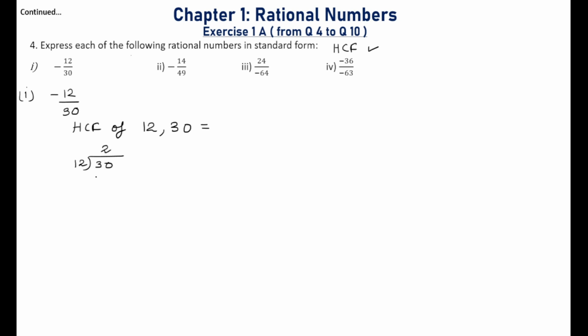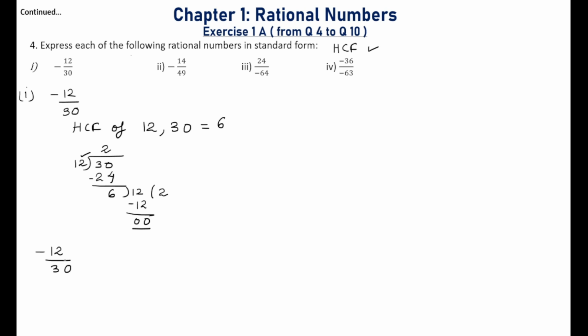So 2 times I get here 24 and it gives me a 6 here. Now 6 is the remainder, it turns into divisor and this 12 will become the dividend, right? So 2 times I get 12 and on subtracting I get 0. So what is the HCF of 12 and 30? Yes, it is 6.